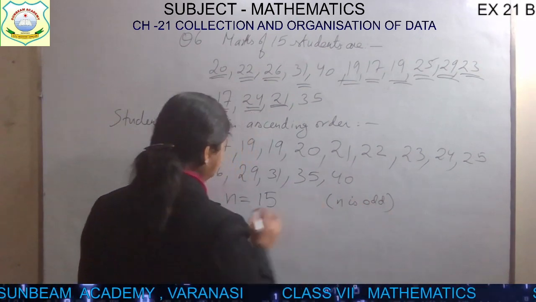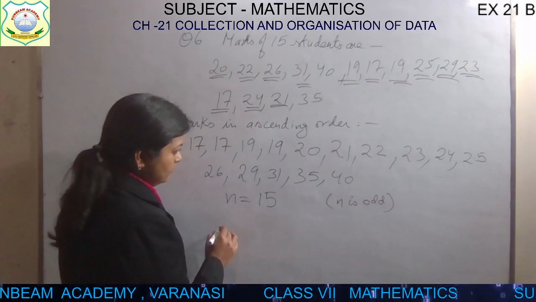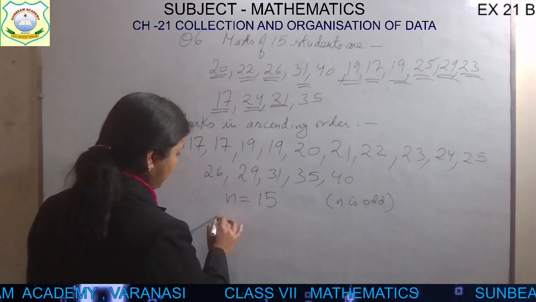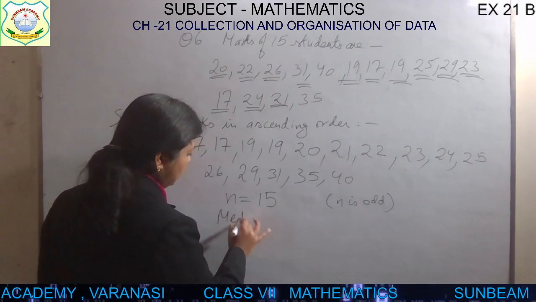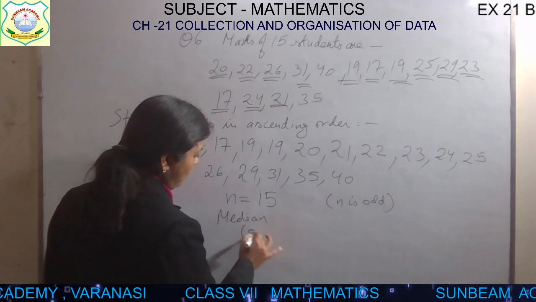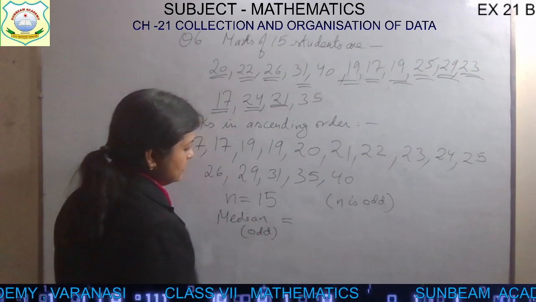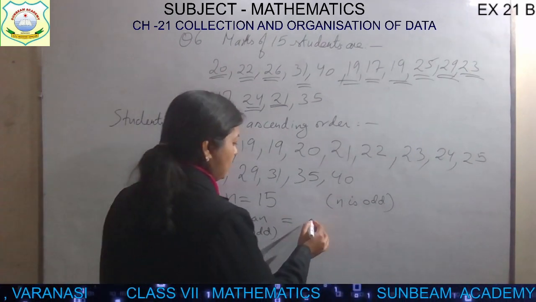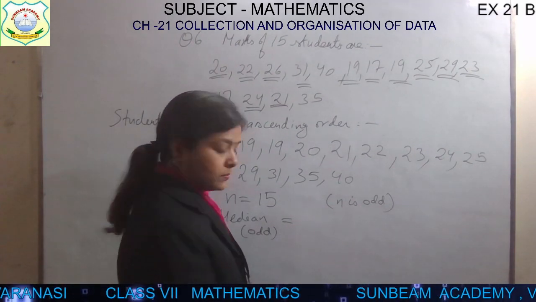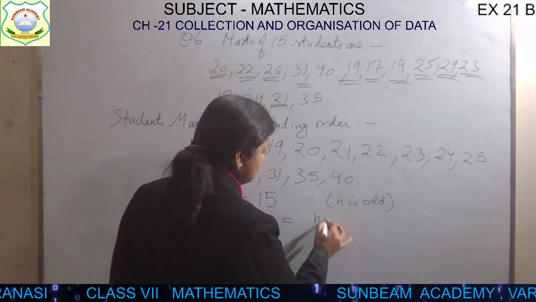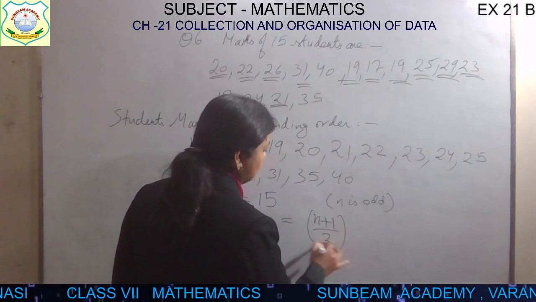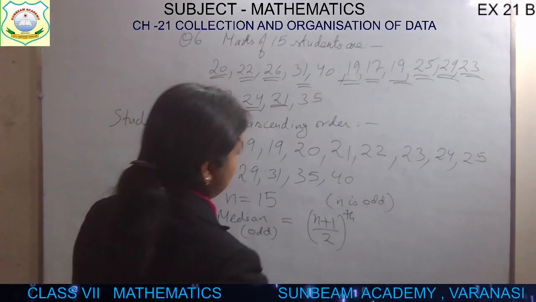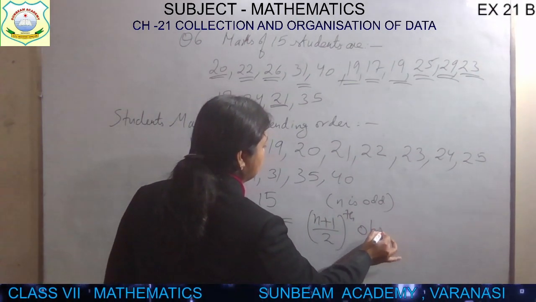Now, for finding the median for an odd number of observations, what is it, children? For an odd number of observations it is the (n plus 1) by 2th term. ठीक है, (n plus 1) by 2th observation या term.